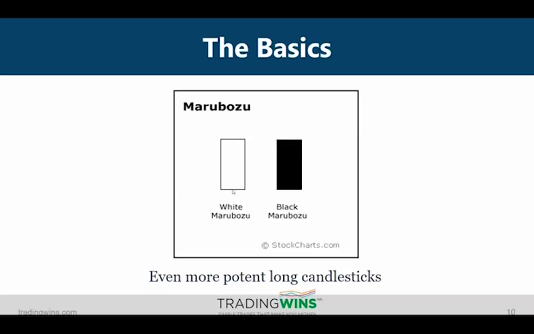In other words, from the moment that this candle opened, buyers dominated and kept pushing the price higher, higher, higher, right into the close, and actually closed at the high of that session. So this is the most significant candle that you are going to see on your chart.